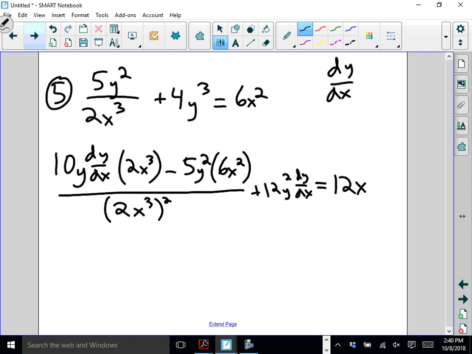Put my x terms first, my y terms second, and if I have a dy dx, put that at the end. Also, I have a monomial squared that I want to take care of as well. So, here's what this looks like. I'm going to multiply the 2 and the 10 together to get 20. I'm going to put my x terms next, which is x cubed, then my y term, then my dy dx.